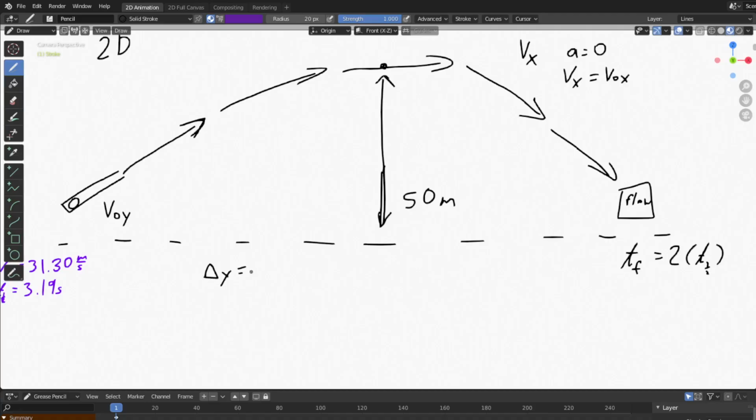So delta y equals, so square root of t squared equals 2 delta y divided by negative g.